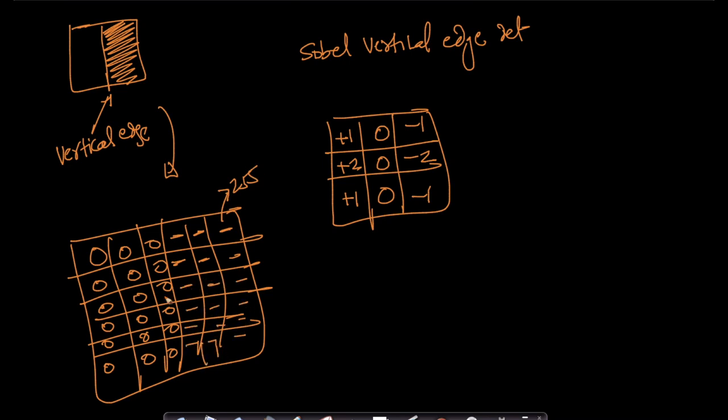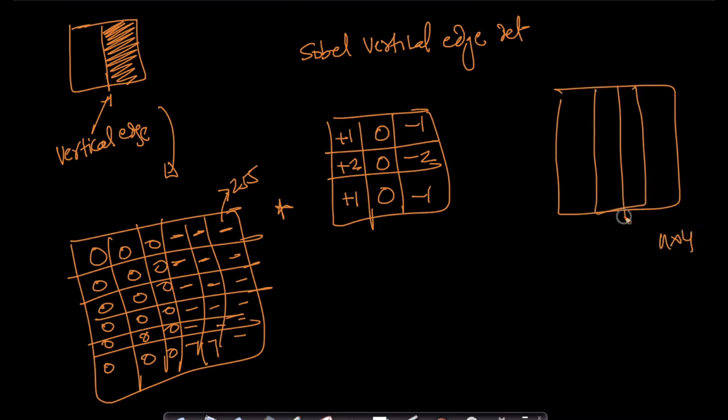Now I want you to do it as an exercise in your notebook, where you take this image, apply the vertical edge detector, convolve these two, and see what is the output that you get. Of course, you get a 4x4 output. You should get it in such a way that there are two lines of zeros here. So you'll get 2 pixels wide zeros.